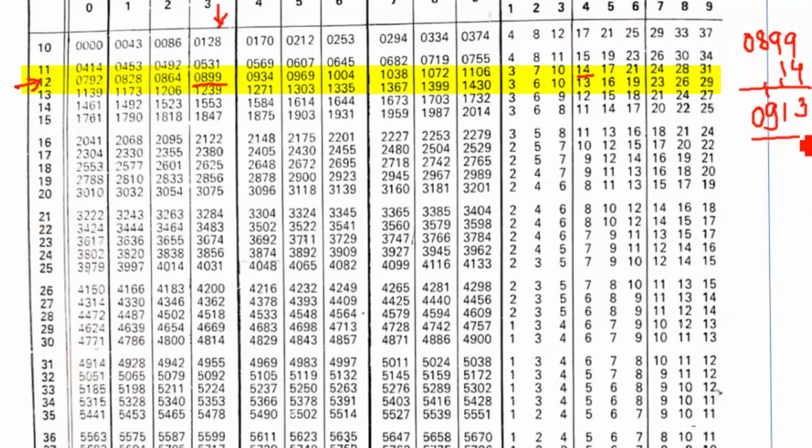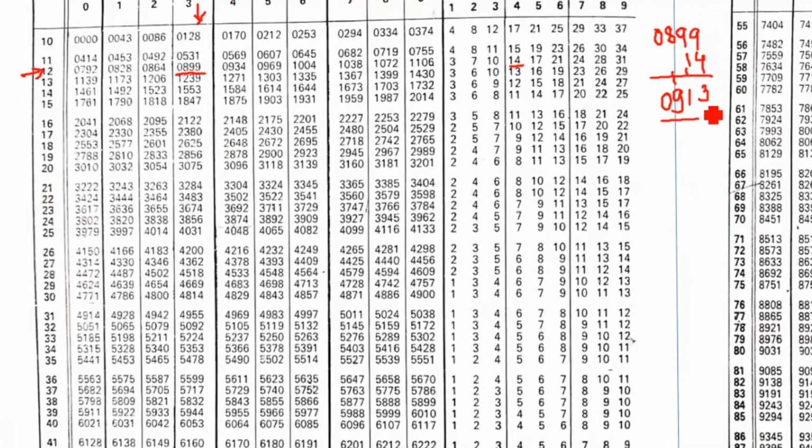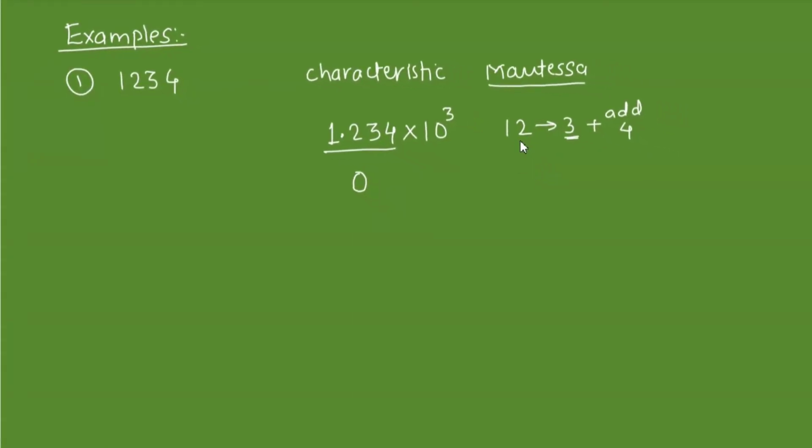It means the log of 12 in the third and fourth columns, with the mean difference together, is 0913. Let me write this here. So this is the log of 1.234.